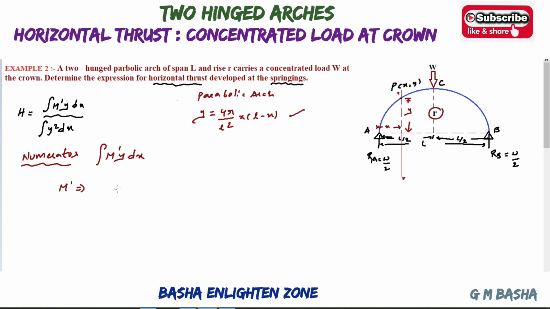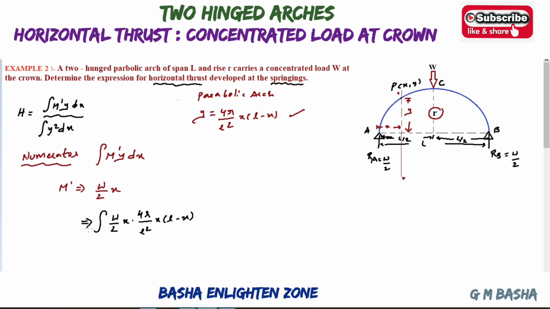So M dash is W by 2 into x. Then y equals 4r by L square x into L minus x. So I will simplify this numerator part, that is the integral of W by 2 into x, and again y equal to 4r by L square x into L minus x. So that is the numerator part.